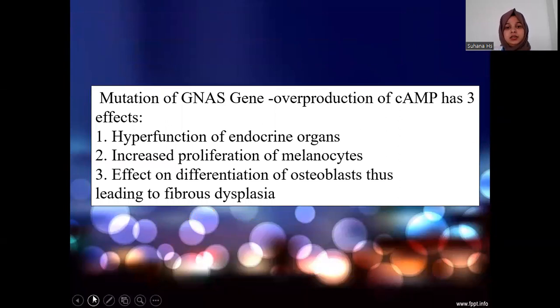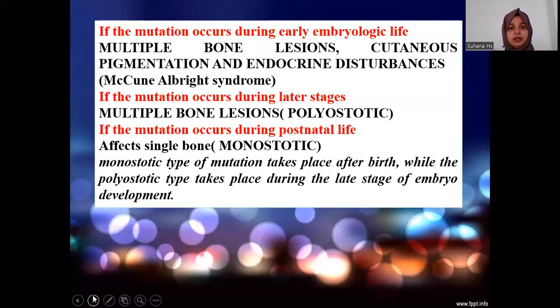Mutation of the GNAS gene results in overproduction of cyclic AMP. The effect of increased level of cyclic AMP is hyperfunction of endocrine organs and increased proliferation of melanocytes, and effect on differentiation of osteoblasts, thus leading to fibrous dysplasia.